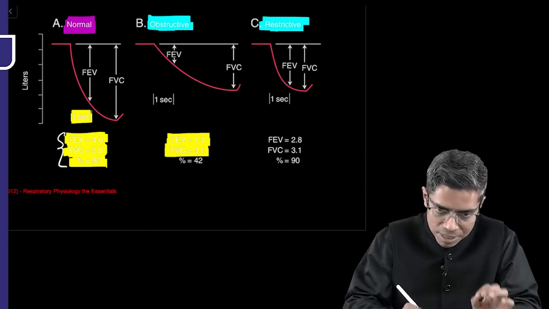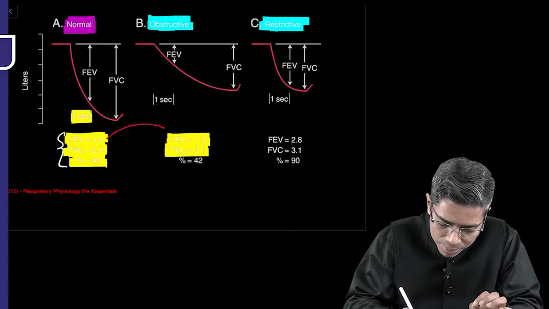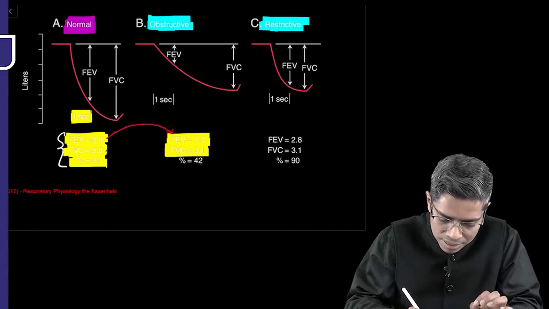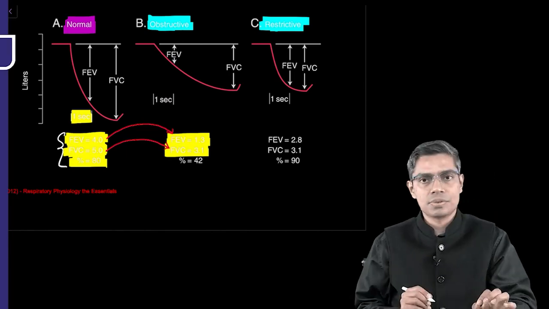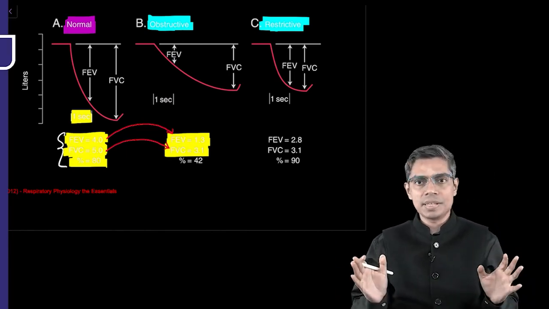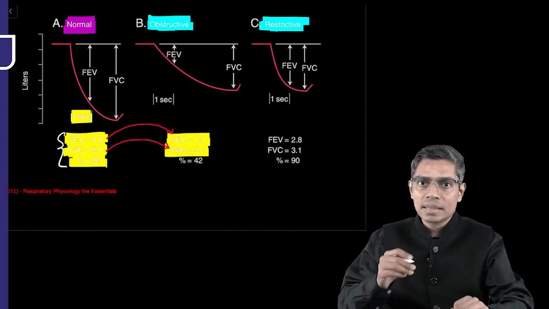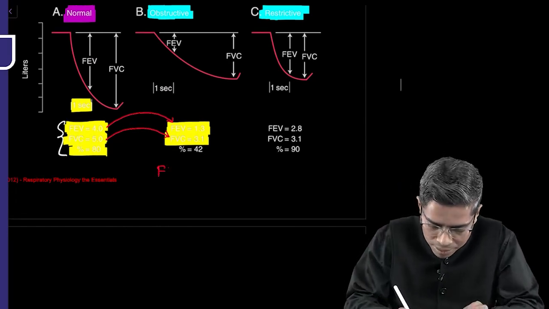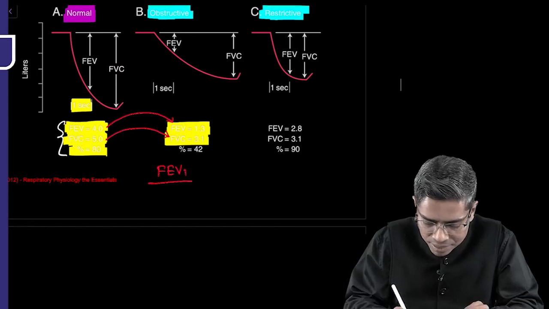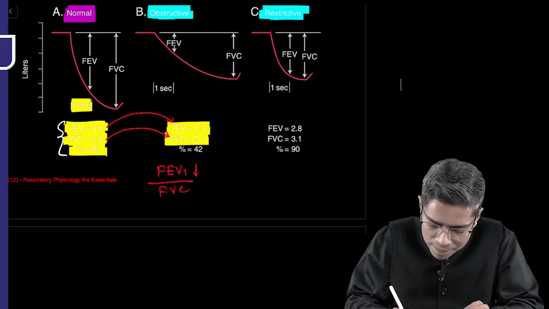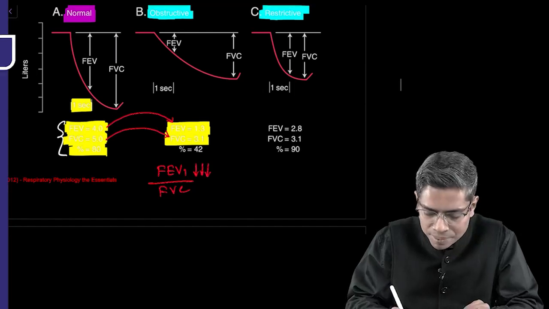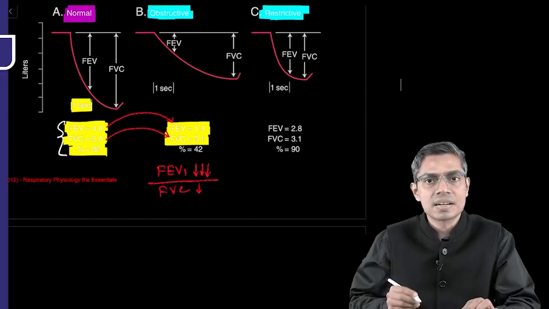In an obstructive disease patient, FEV1 will reduce and FVC will also reduce. Both volumes will be reducing. But if you look at the reduction, FEV1 is reducing much more than FVC.